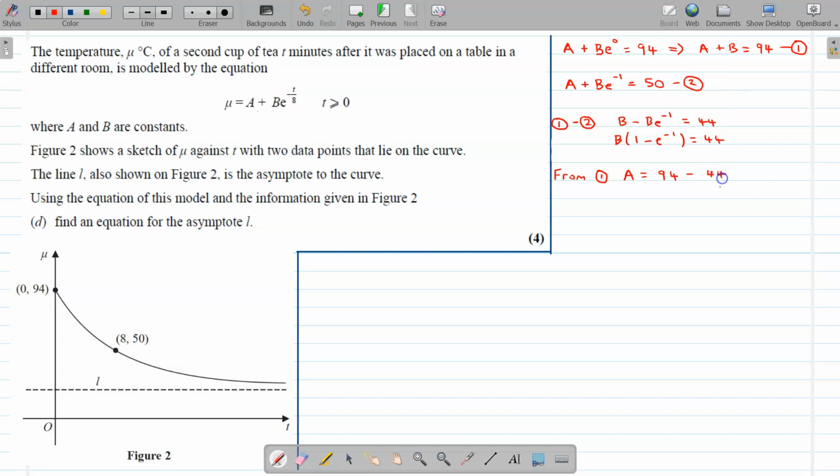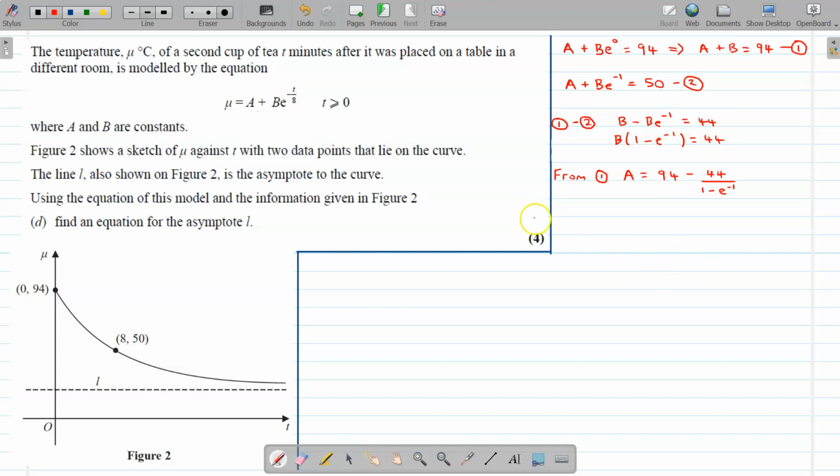So what I'm doing is replacing B with just rearranging this one here.